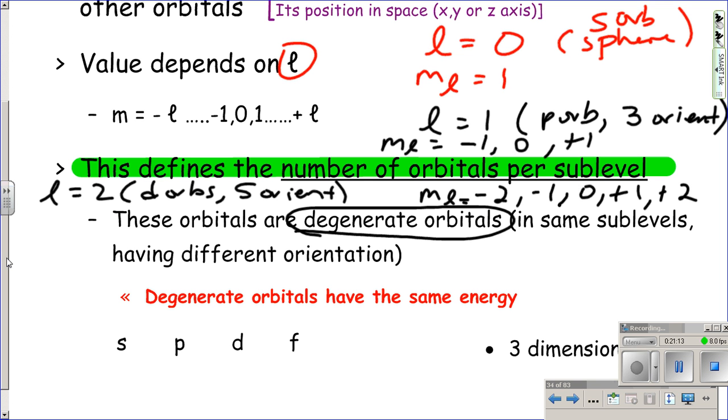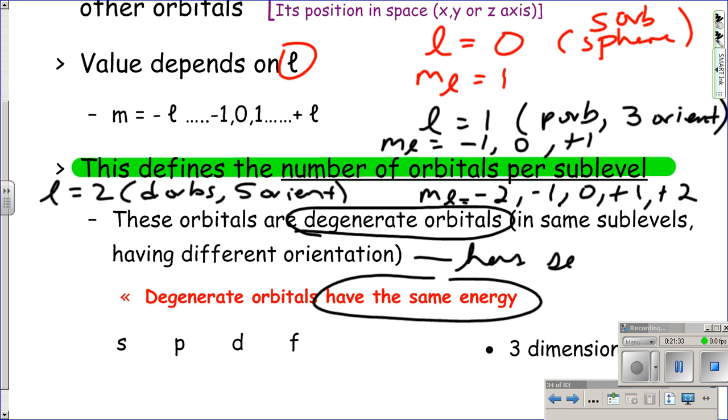And that's why it's so important to represent Hund's rule appropriately, because it's like equal access, equal opportunity. You have to put those electrons in each of those orbitals of equal energy before you go back and refill. So the word degenerate just means has the same energy.